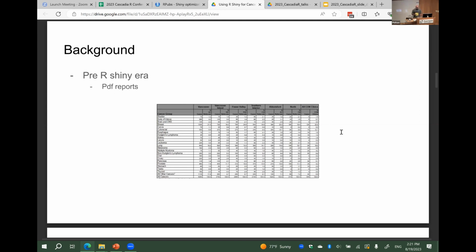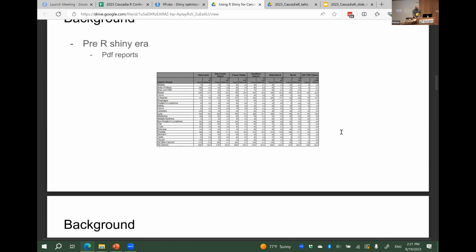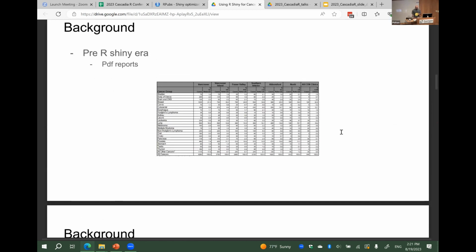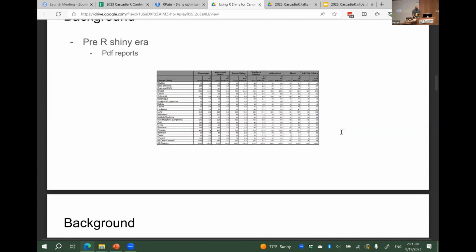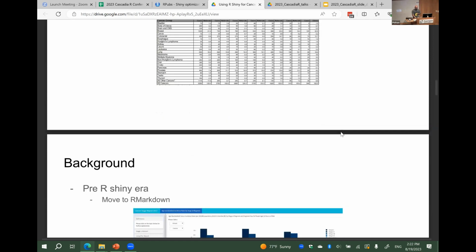This again emphasizes the need for something more interactive with more information, where we can easily provide some information so that anyone looking at the report can equally understand what's going on. Oh, and another thing, this used to be our SAS era. Everything was done in SAS, the reporting, producing these PDF reports, and then they were uploaded. And this went on till about 2015.